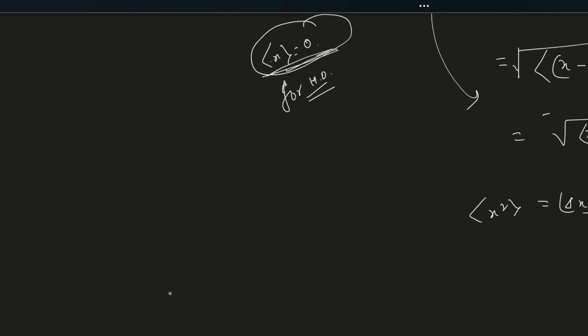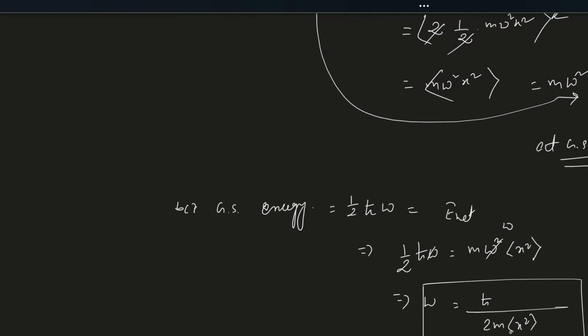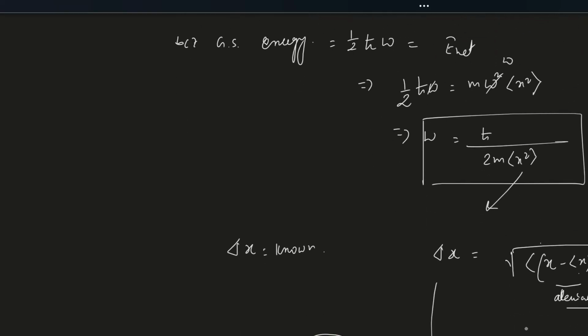Now going back to the problem, the energy to the first excited state, that is n equal to 0 to n equal to 1, is h cut omega, where h cut value is known to us as universal constant 1.05 into 10 to the power minus 34 joule second. Okay, sorry, first of all let me put down the value of omega. So this is h cut by 2m x squared average.